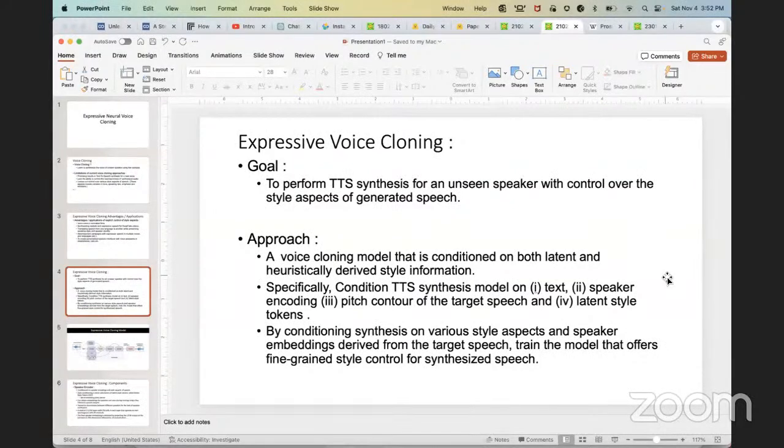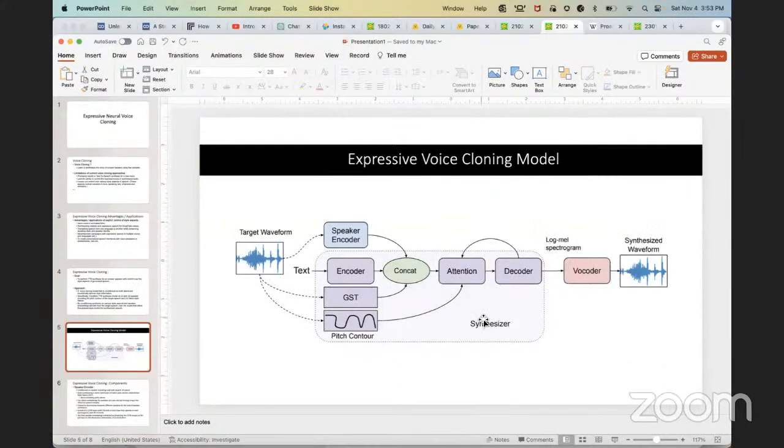So they're using an existing model, and they're focusing on these aspects of the speech. Once we look at the model here, it will be clear.